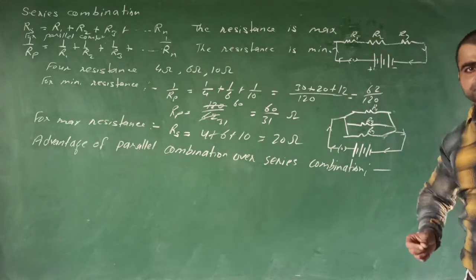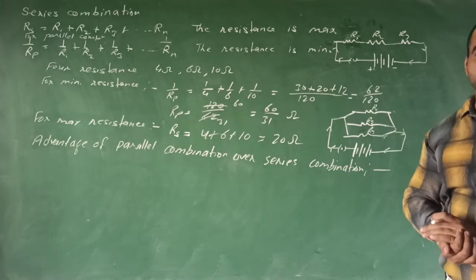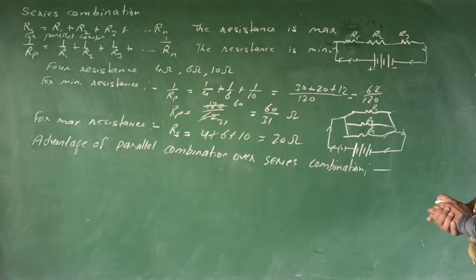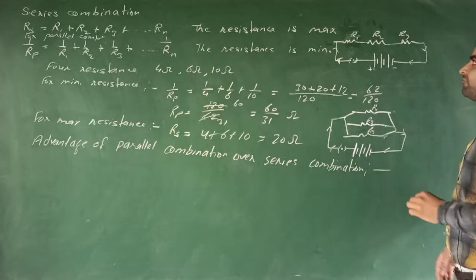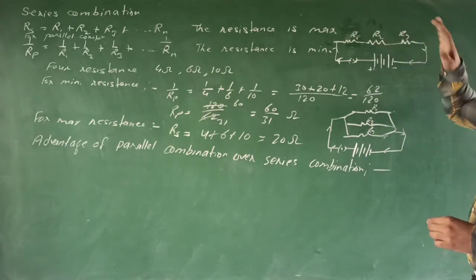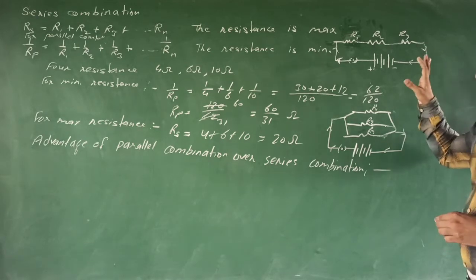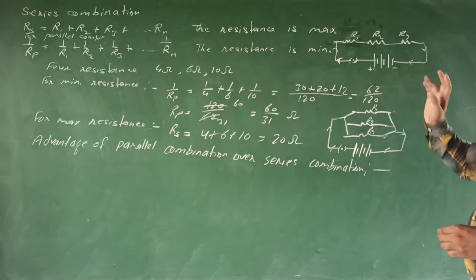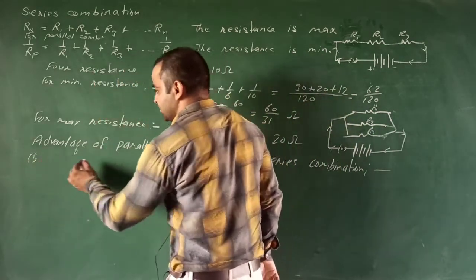Means one component is damaged, all will stop working, because the circuit will be an open circuit when one of the components is damaged. This is the main drawback of series combination, or say the advantage of parallel combination.